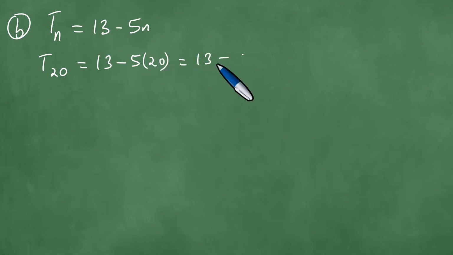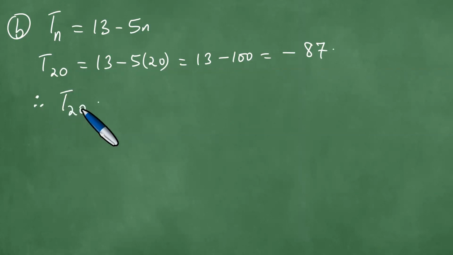What is 5 times 20? It's 100. Because I'm going to give you some exercises, you must be ready to try them. So 13 minus 100 gives negative 87. Therefore, T sub 20 is minus 87.